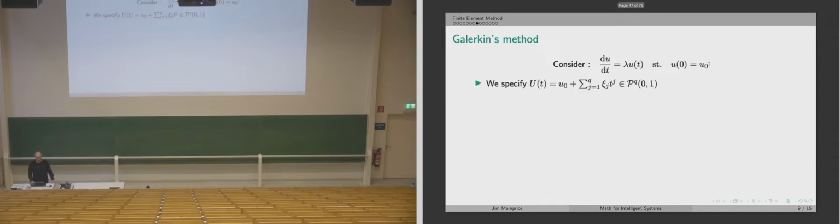So what we're going to do is search the space of possible functions for u, restricted to the case where u can be expressed as a polynomial. So that's what we wrote down. u is going to be the function which associates u0 plus a polynomial.